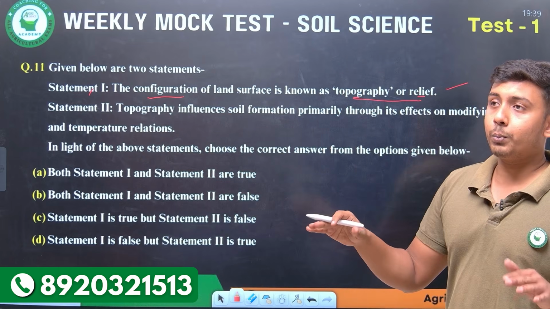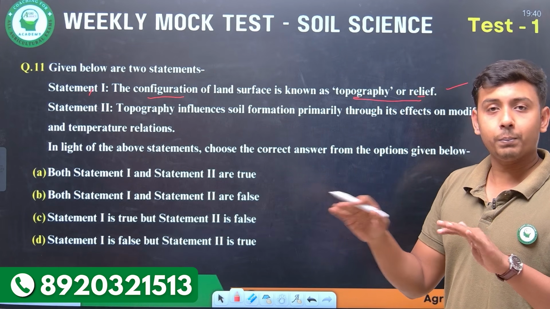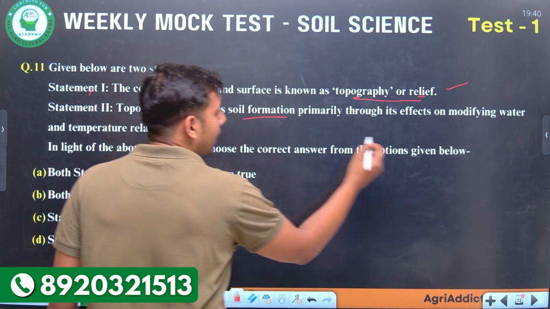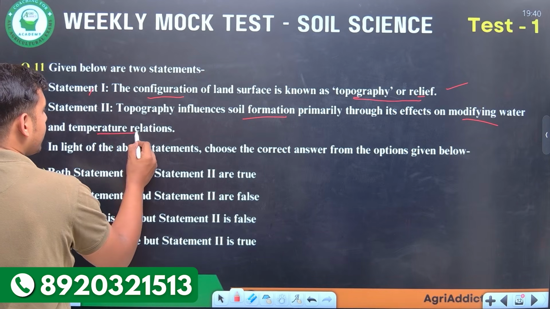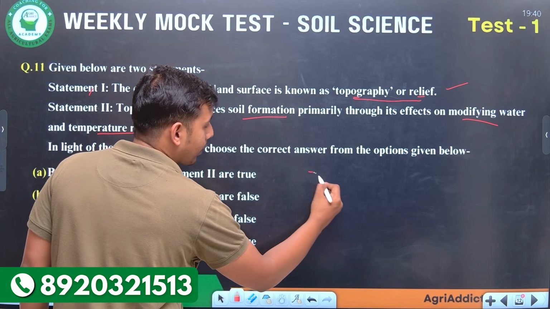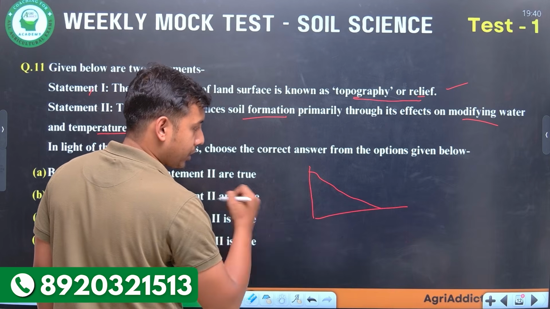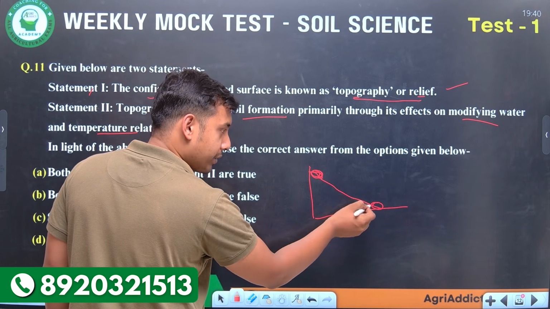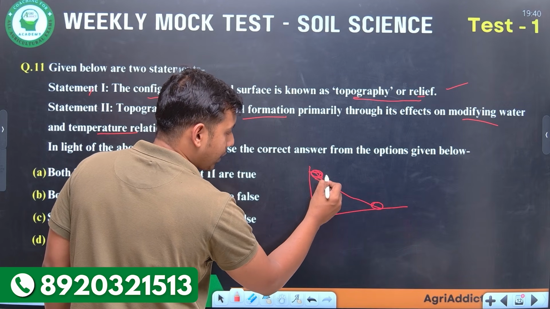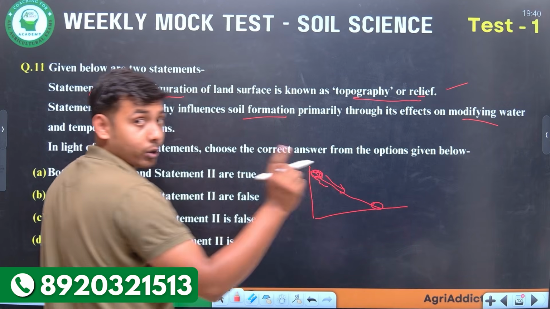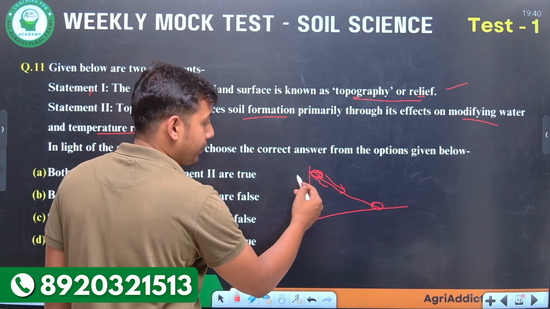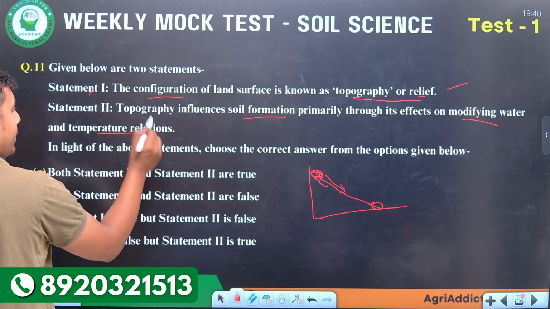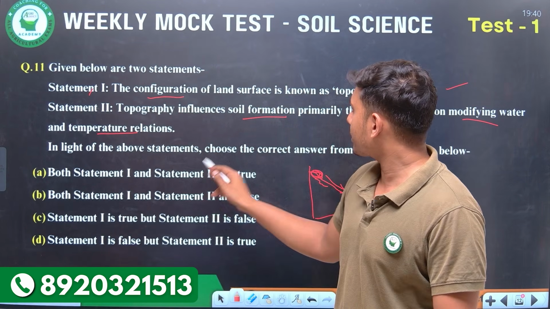Topography differs from place to place, and it influences soil formation by modifying the water and temperature relations, because when there is a slope variation, here the temperature and here the temperature will be very much different, and also the water content, as water flows downwards, the water content of the soil also differs from one place to another. So this is the correct answer also, modifying water and temperature relations. So in this question both the statements will be true.